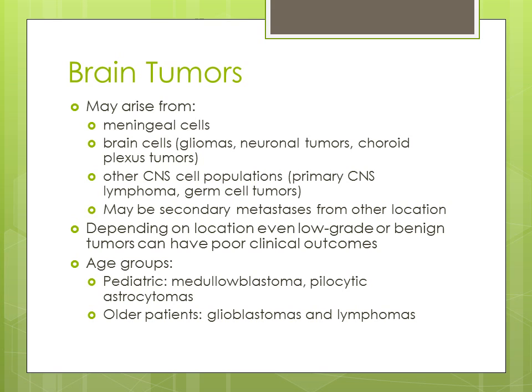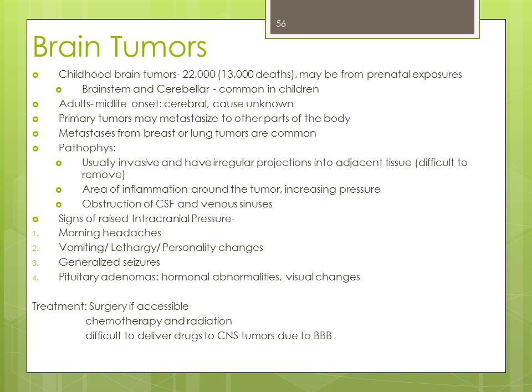I'm not going to ask you to remember any of those, but do remember that even if it is a benign cell tumor, it can bring with it very poor clinical outcomes just from compressing tissue around it and affecting different neurological functions. And brain stem and cerebellar tumors are more common in kids.